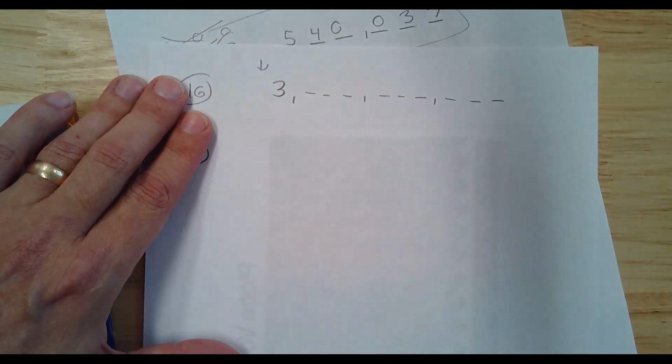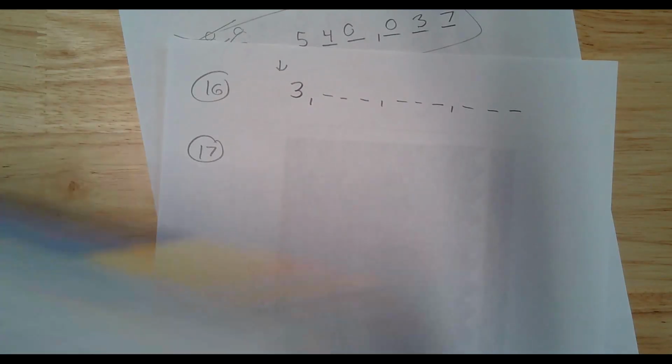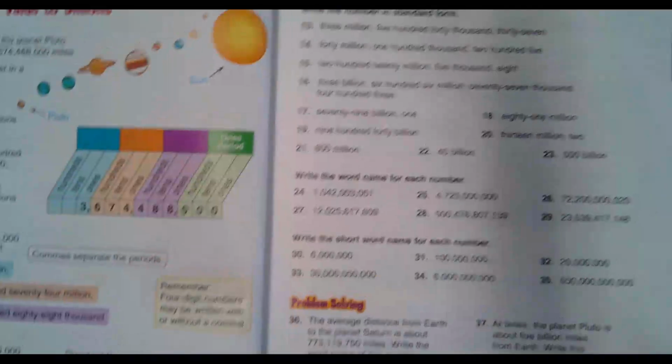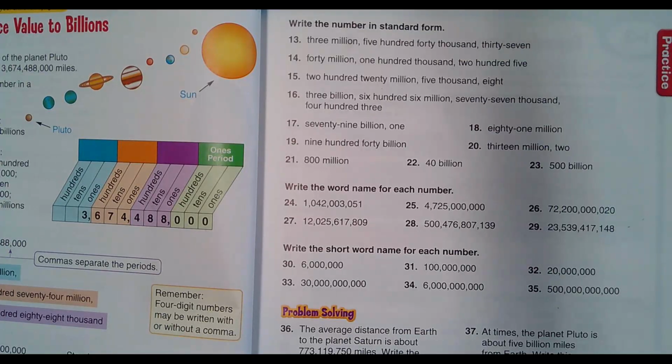Hello, Mr. Merck. We're dealing with a painfully painful topic. Everybody loves doing place value to the billions and writing things out in word form, baby. Yeah, I know. When I wake up in the morning, I open my eyes and say, man, I wish I could do place values today. If only I could then write things out in word form.